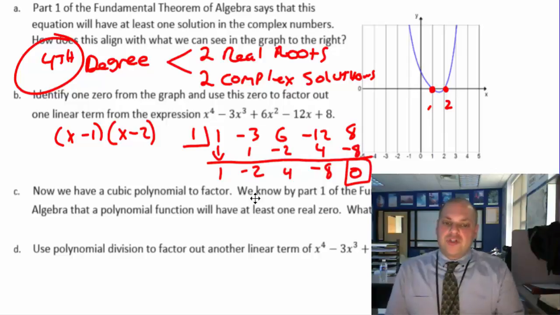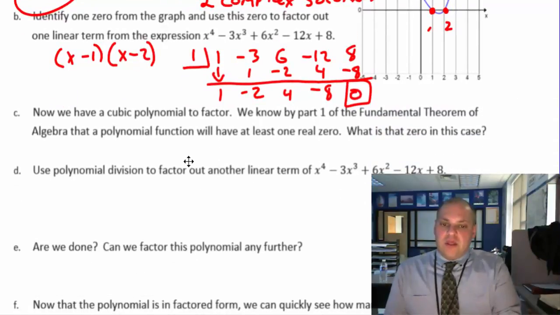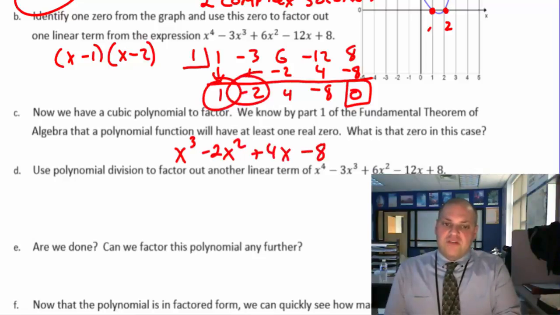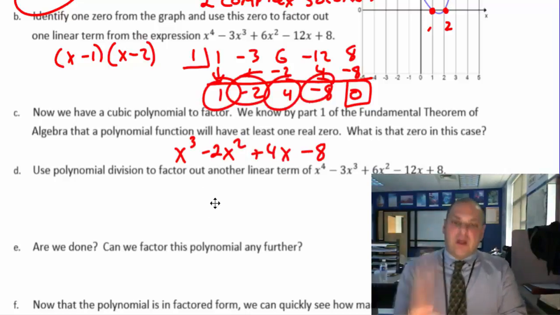So now I'm down to 1, -2, 4, -8, and we have a cubic polynomial, x to the third minus 2x squared plus 4x minus 8. Again, these are the coefficients for the cubic polynomial. We started with 4th degree. Now we're down to 3rd degree. We used the 1. Now we're going to use the 2. We did this a little bit earlier in the year.